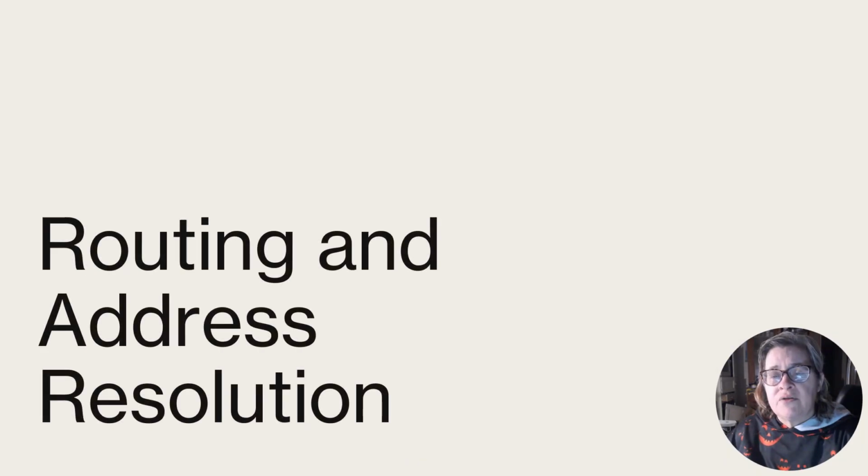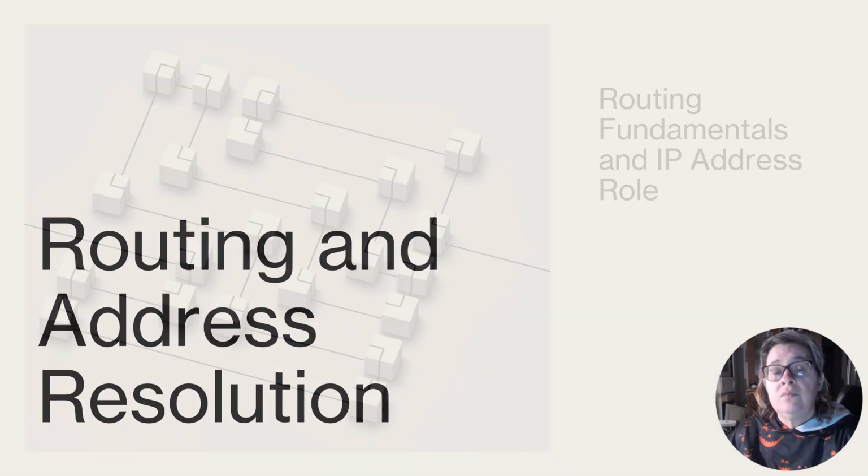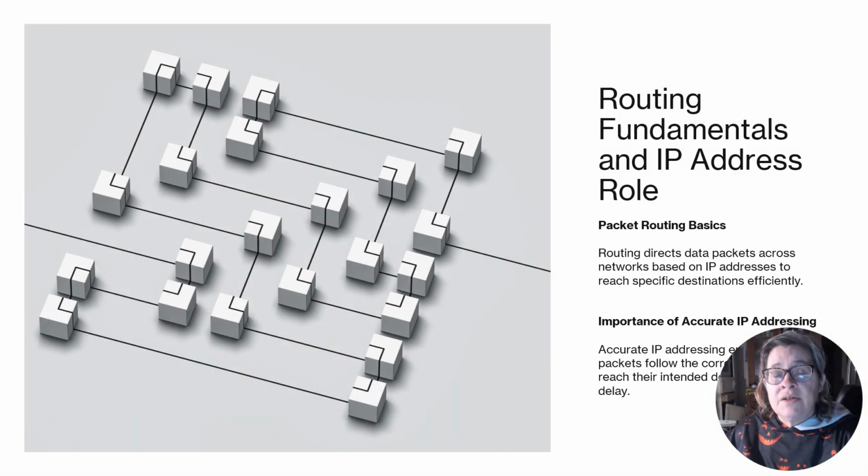Explore how IP addresses are used in routing, the role of ARP, Neighbor Discovery Protocol, and how routing protocols leverage CIDR, or classless inter-domain routing, for efficient data forwarding. Routing directs packets based on IP addresses through the network. Accurate addressing ensures data reaches its destination via the optimal path.